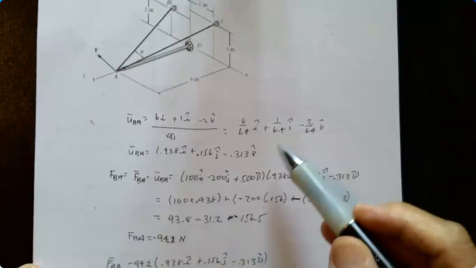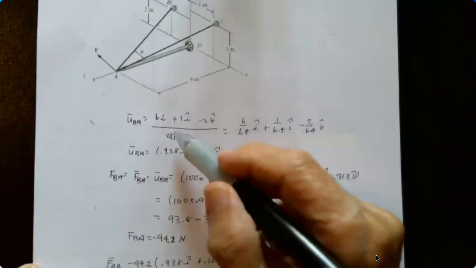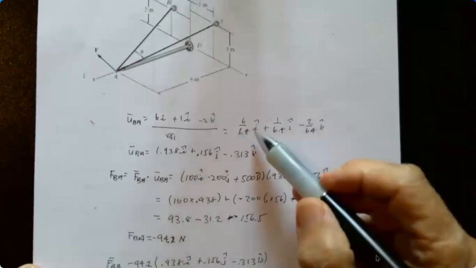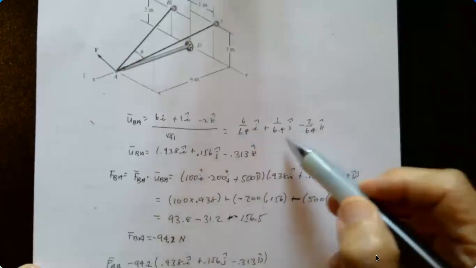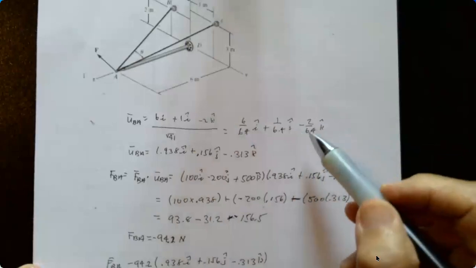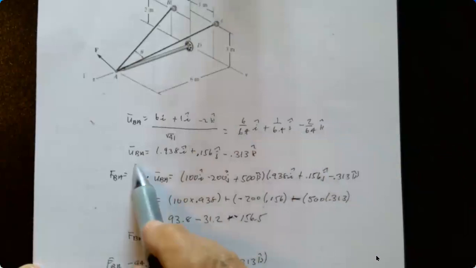And then you're dividing by the square root of those squared, and so you end up with 6/√41, 1/√41, and 2/√41. And so this ends up being the unit vector.